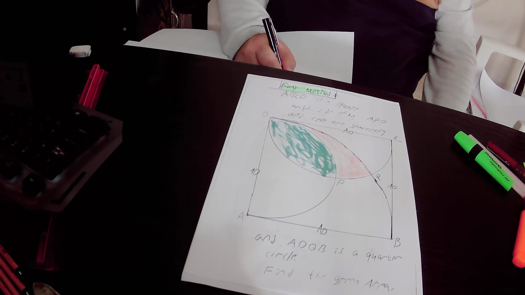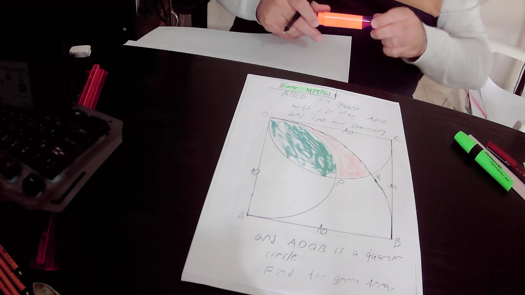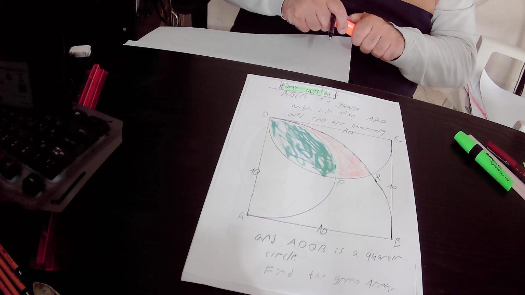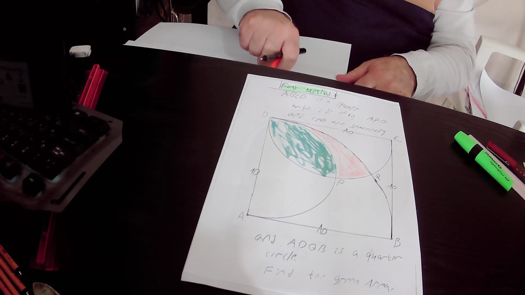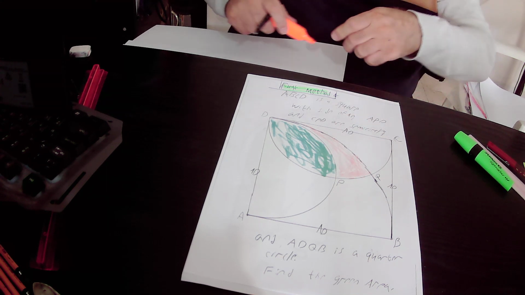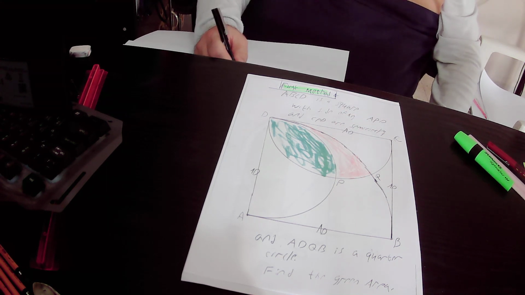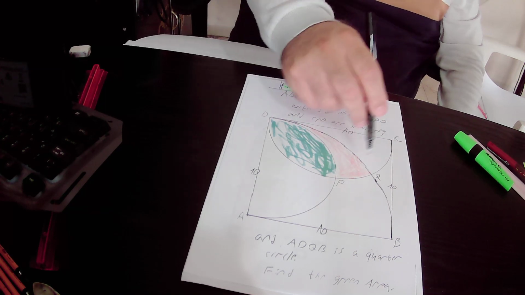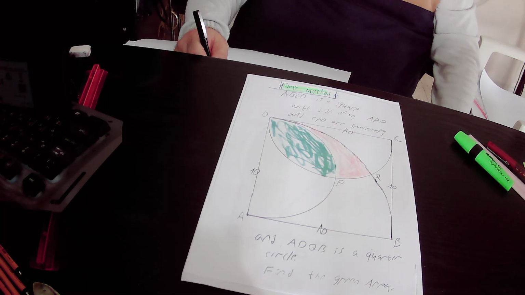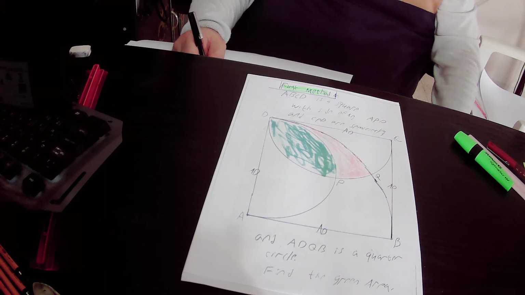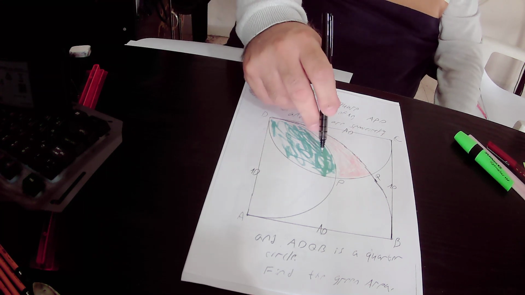The orange shape, that is actually shape DPQ, the area of the orange shape equals the area of the big lens minus the area of the blue lens.